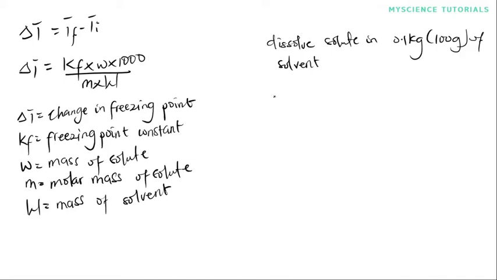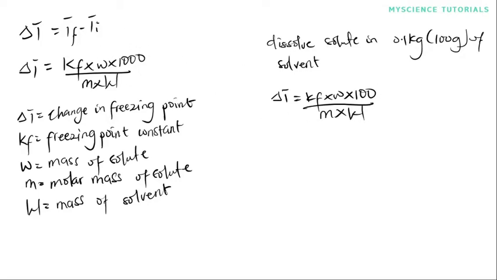Now when that happens, it means our freezing point depression becomes Kf multiplied by w multiplied by 100, all over small m times capital W, where all the other parameters have the same definition, but the only difference is here is 1000 and here is 100.